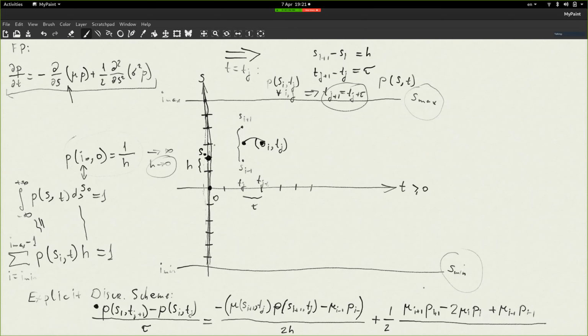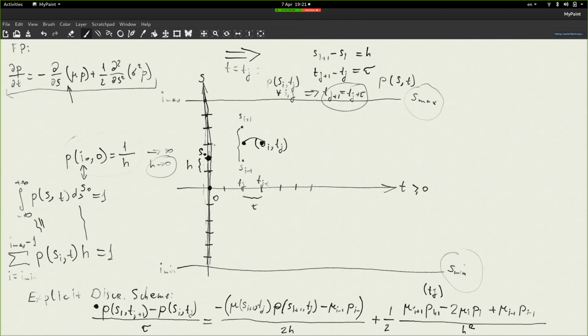So the right-hand side is completely known because our function p is already completely known up to time tj. And obviously our functions mu and sigma squared.